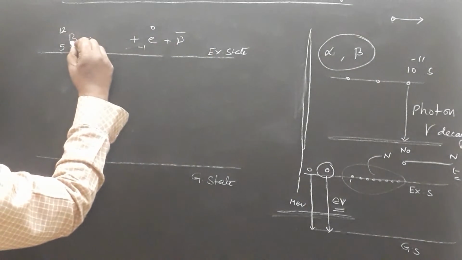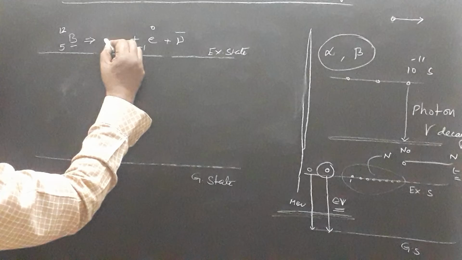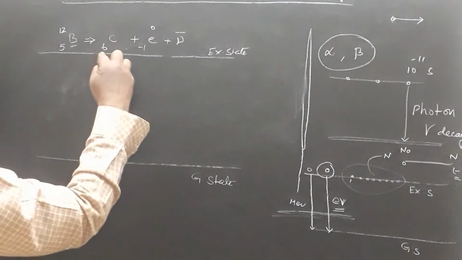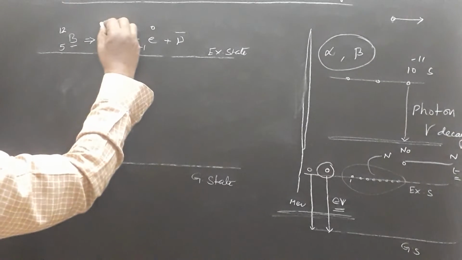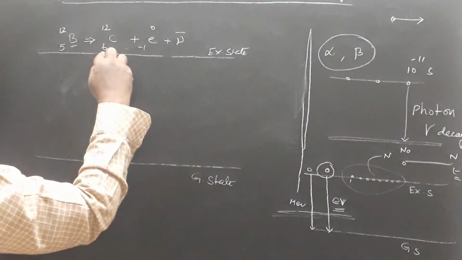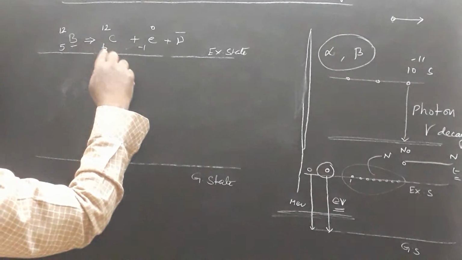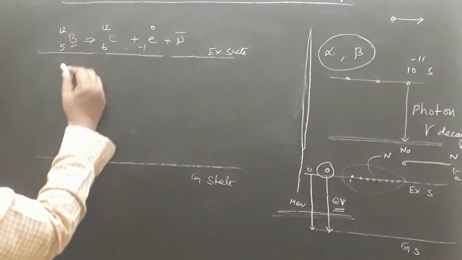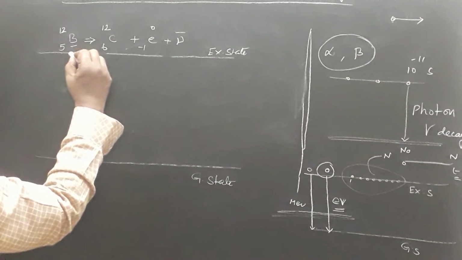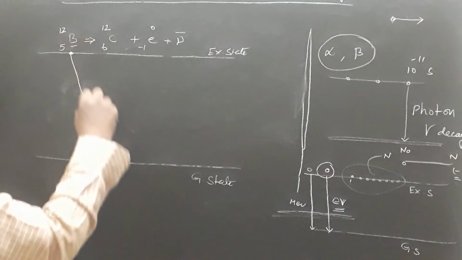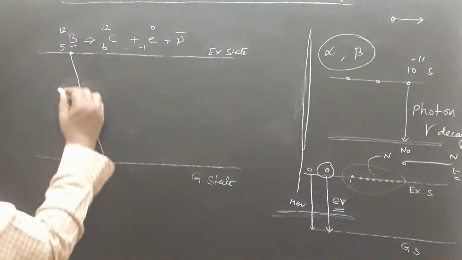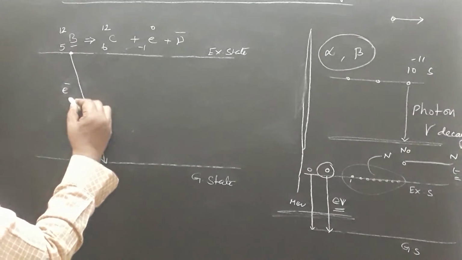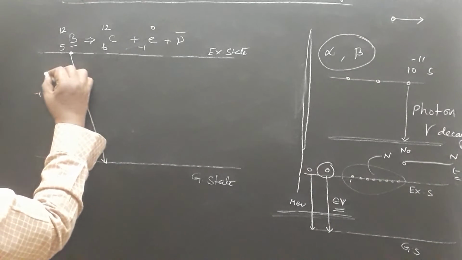Here this is called the parent atom. Here the daughter atom has to be carbon, and the atomic mass number remains unchanged, but the atomic number is increased by 1. This is a very good example because this atom in the excited state shifts straight away to the ground state with one emission of electron. You can write it like this or like this. Both are the same.